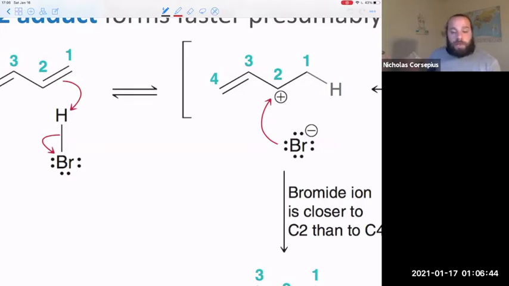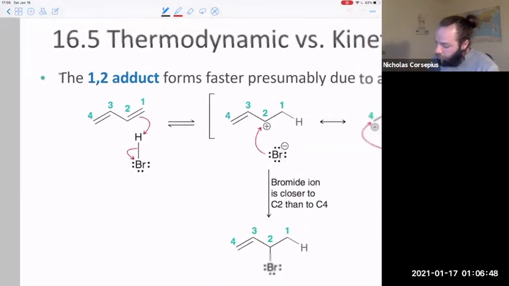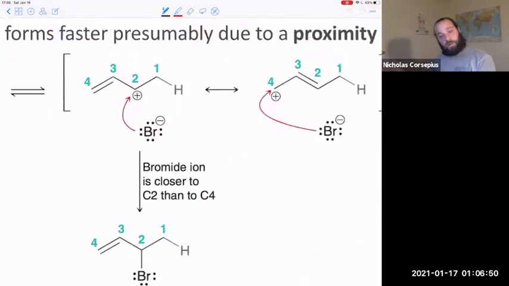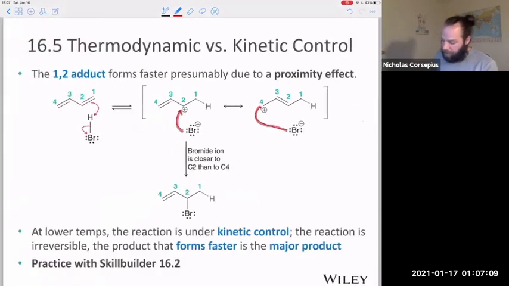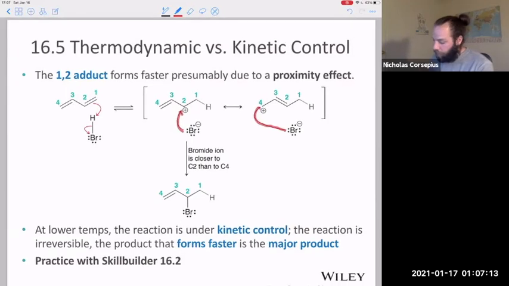So it can quickly join onto that carbon compared to the 1,4 adduct, which has to undergo resonance, and then the bromine has to migrate all the way over to that carbon. So this is a simple argument: just look at the length of these arrows. That's the distance that bromine is going to have to travel in solution in order to get to that carbocation. Okay, so this proximity effect explains why the 1,2 adduct forms faster.